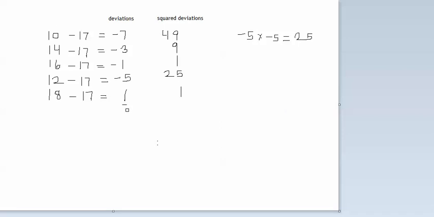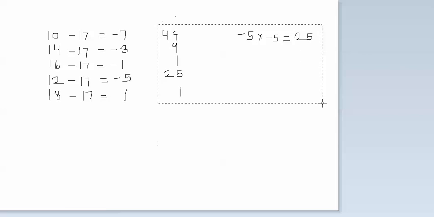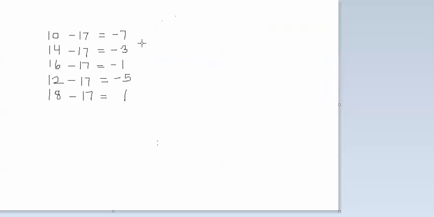So we have to average our numbers again. We actually have to start completely over again. So let's find the mean of these 5 numbers. Let's add them up and divide the total by 5.